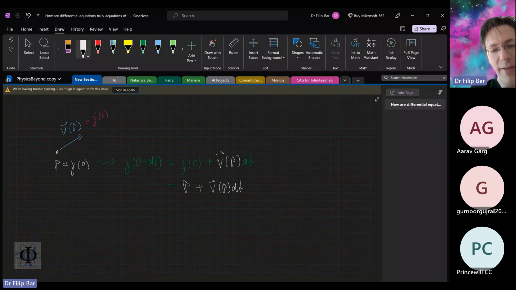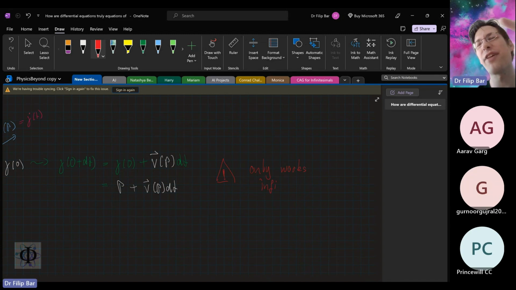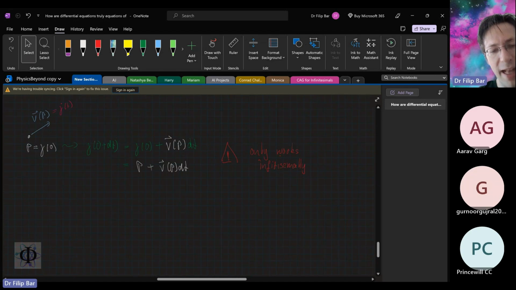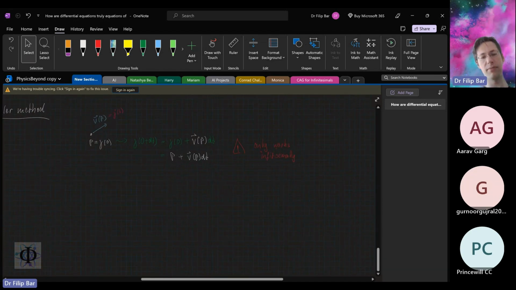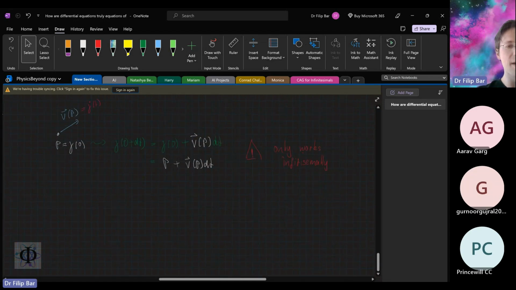But the problem here is that this only works infinitesimally. And we said infinitesimals are something that we imagine. That's not a real thing out there that I can really work with. So how is that really helping me? Well, it helps me in various ways. One thing, and I'm just going to be stating this, is if you repeat that infinitely many times.